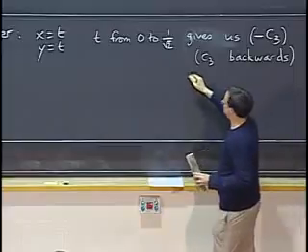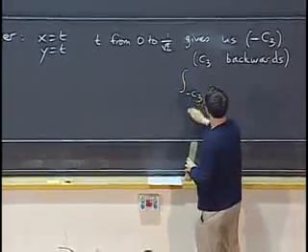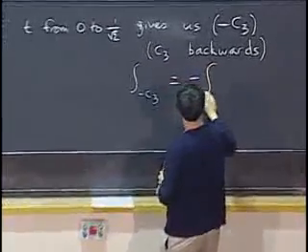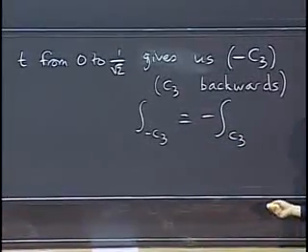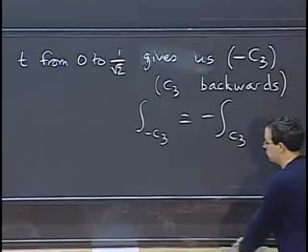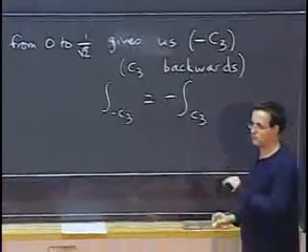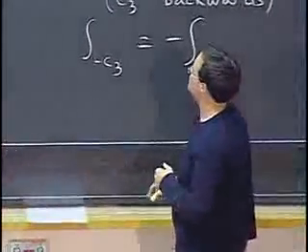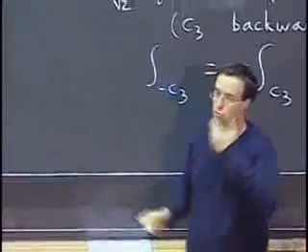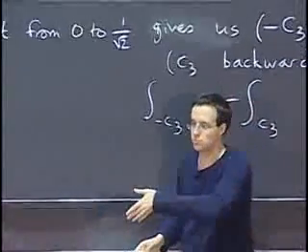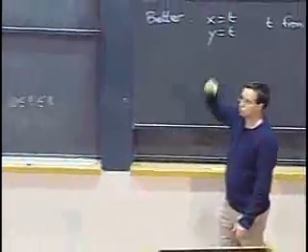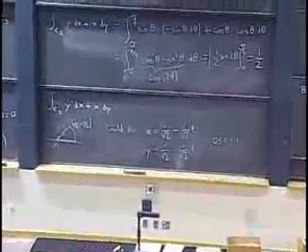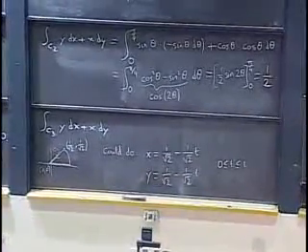And then we can say the integral for work along minus C3 is the opposite of the work along C3. Or, if you're comfortable with integration where variables go down, then you could also say that t just goes from 1 over square root of 2 down to 0. And when you set up your integral, it will go from 1 over root 2 to 0. And of course, that will be the negative of the one from 0 to 1 over root 2. So it's the same thing.